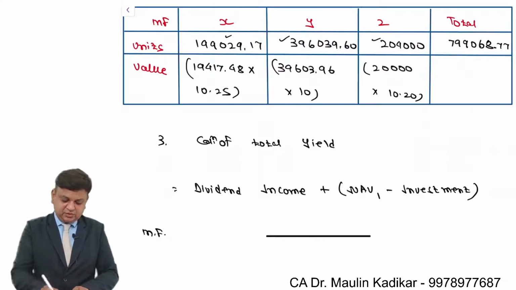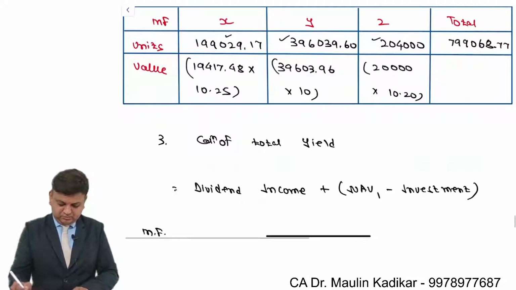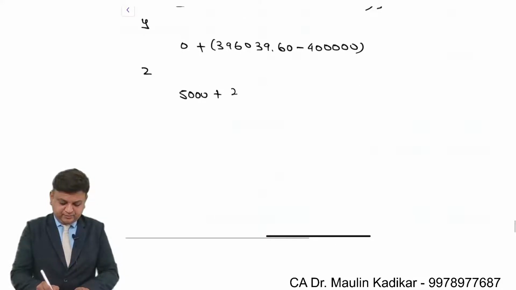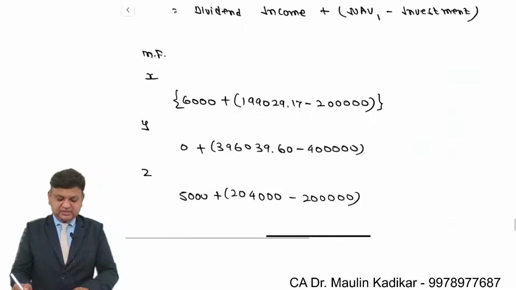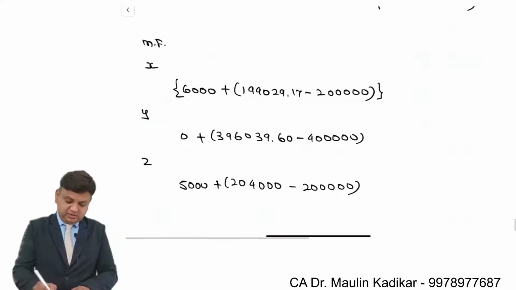It is 2,04,000 minus 2 lakhs. That is the way we are required to compute the total yield.